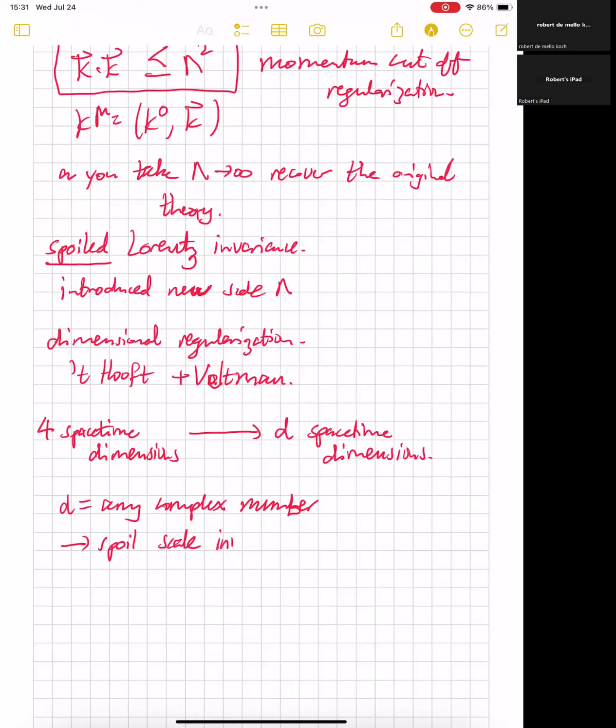Now, if your particle had a mass, well, you didn't have scale invariance to begin with. So maybe a better way to say this, instead of saying we spoil scale invariance, you can also express this as we introduce a new scale. And you'll see exactly where that new scale comes from. Okay, so next we want to develop dimensional regularization, and we'll do that in a moment.